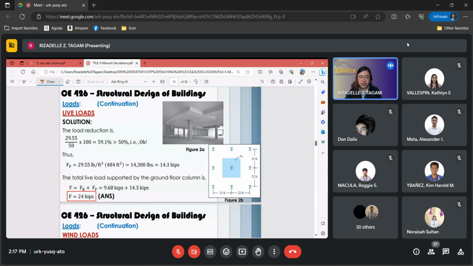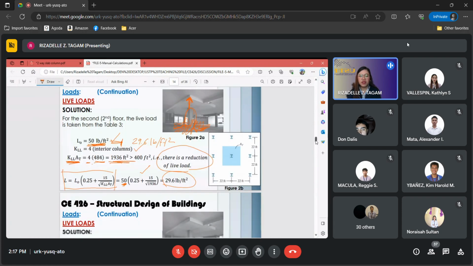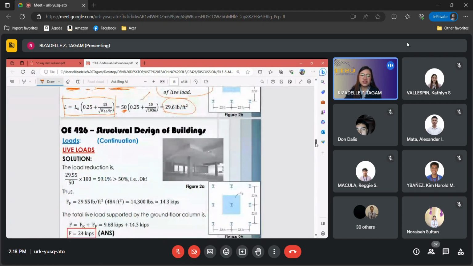We take the percentage: 29.55 divided by 50, the original load, times 100. The answer is 59.1, which is greater than 50. So okay, our load reduction is okay.